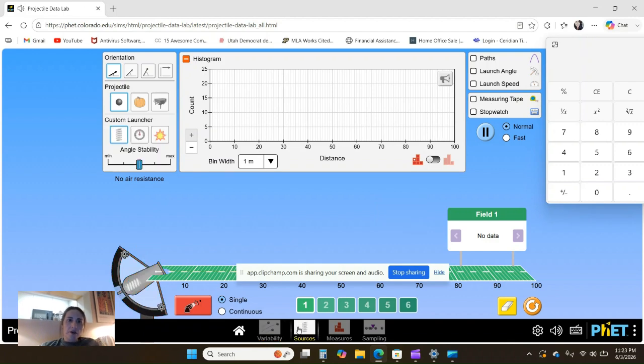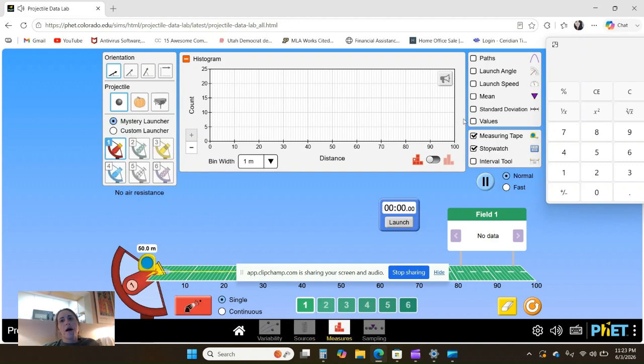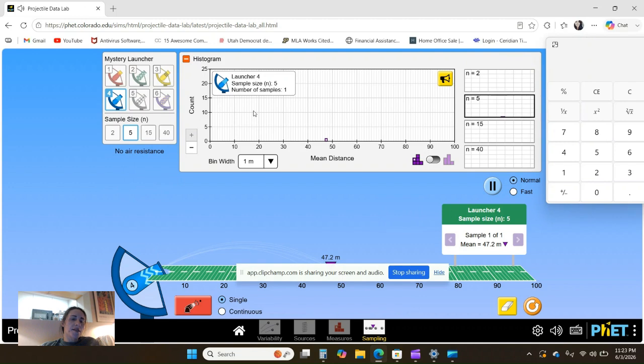Sources allow you to customize the launcher. Measures allow you to have this program determine the mean, standard deviations, and values. And the sampling allows different sample sizes: 2, 5, 15, 40, or a single sample.